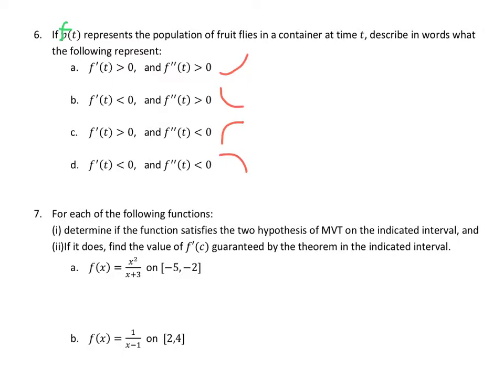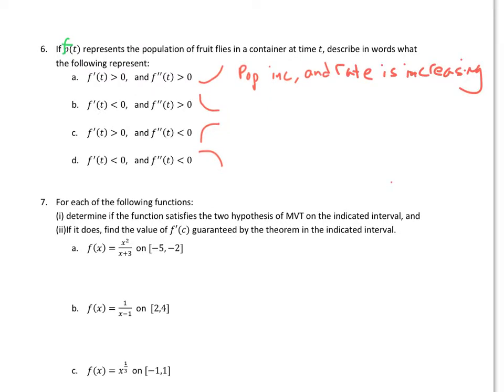So here, our population is increasing, okay? And we might say that it's at quicker rates. So the population is increasing and the rate of increasing is getting larger. Well, here, population is decreasing, all right?